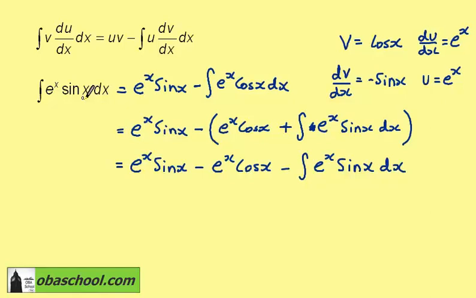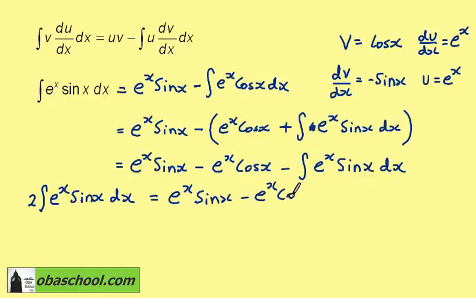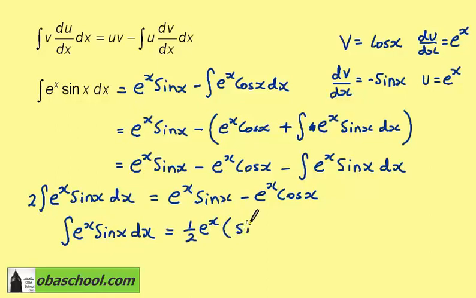So if we add the integral of e to the x times sine x to both sides, we'll get 2 times the integral of e to the x sine x dx equal to e to the x sine x, take away e to the x cos x, and then dividing both sides by 2 gives us the integral that we wanted, the integral of e to the x sine x, being equal to a half of e to the x times sine x minus cos x.